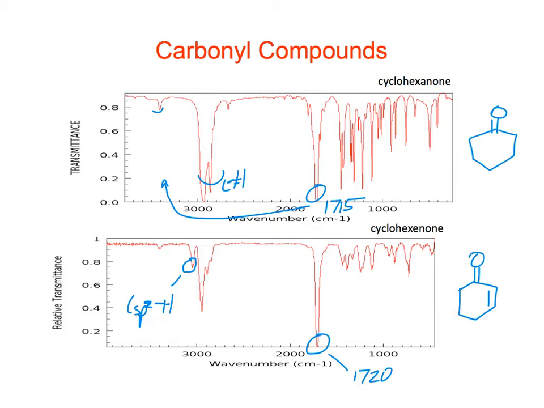Which it should go actually the other way, shouldn't it? It should go lower, it seems like. Lower wave number. Yeah. I don't know. I'll put a question mark by that. Right, it should go lower. It's pretty hard to tell.